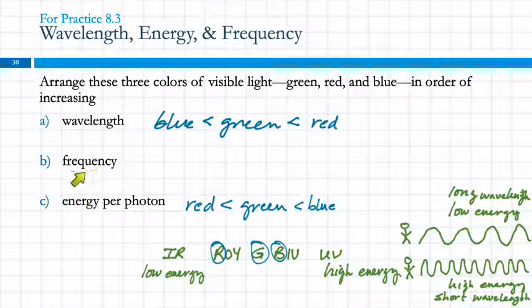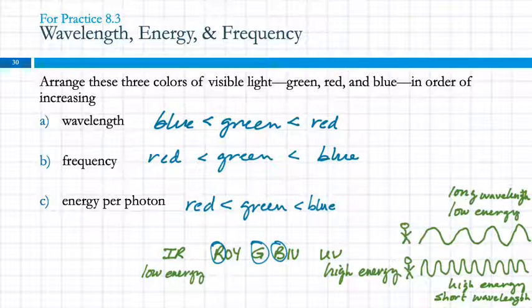So the blue is at the high end, and the red is at the low end. And green's going to be in the middle every single time. Okay? So that's how you think that one through.